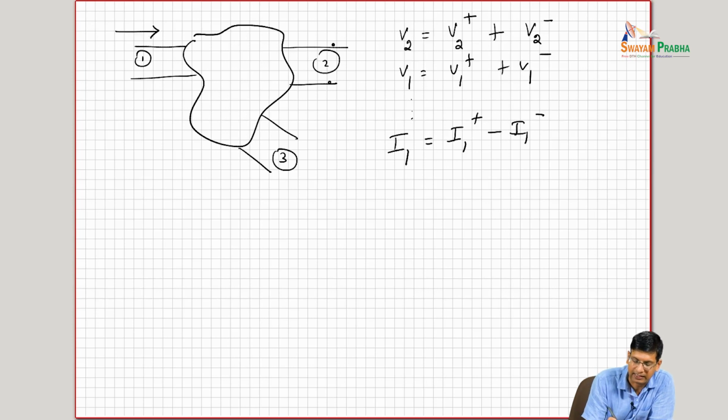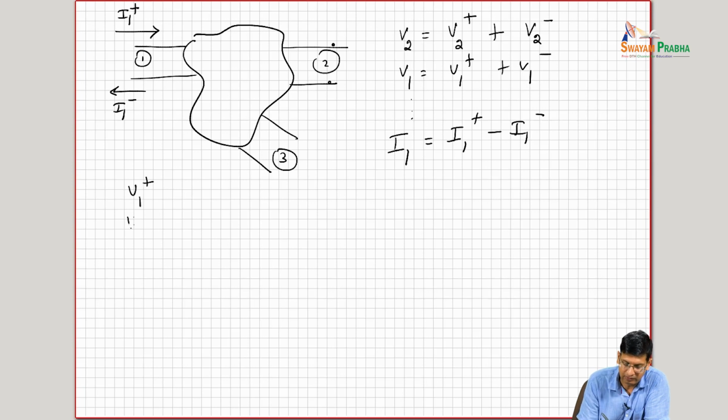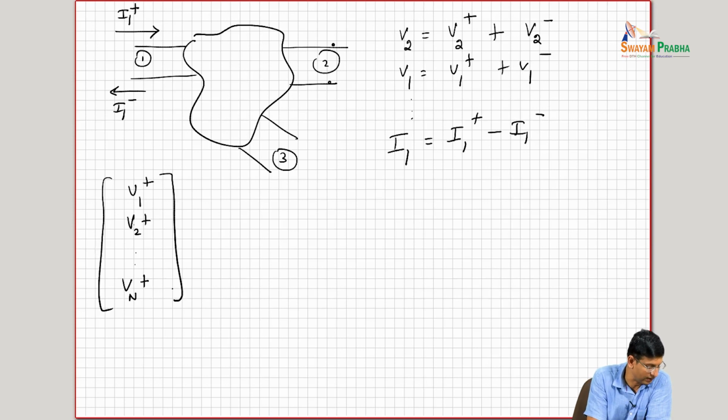So I think of some current coming in like this, a current wave going out like this, right? And in this scenario, I basically define a new set of parameters where I say that the S parameter network is V1 plus, V2 plus, so on and so forth to Vn plus, right, is on this side.